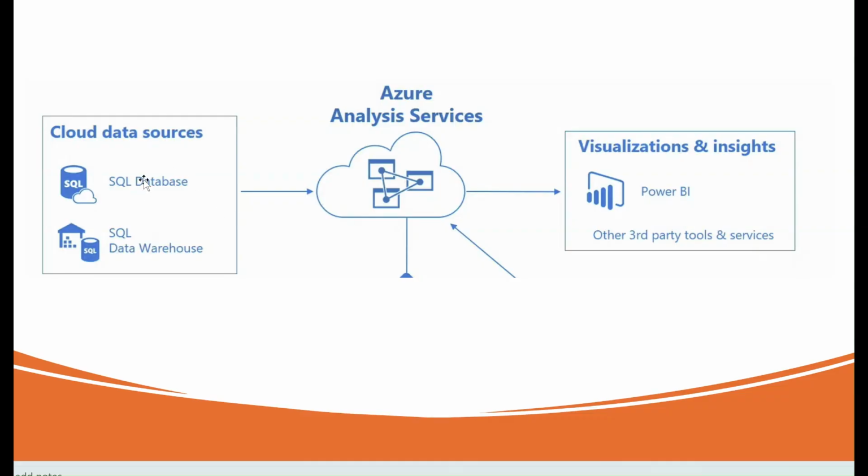On the left side are our data sources, where the data is stored at the transaction level. This data is fed to the Azure Analysis Service. This is our architecture. Now let's get into the details of the PowerShell script.